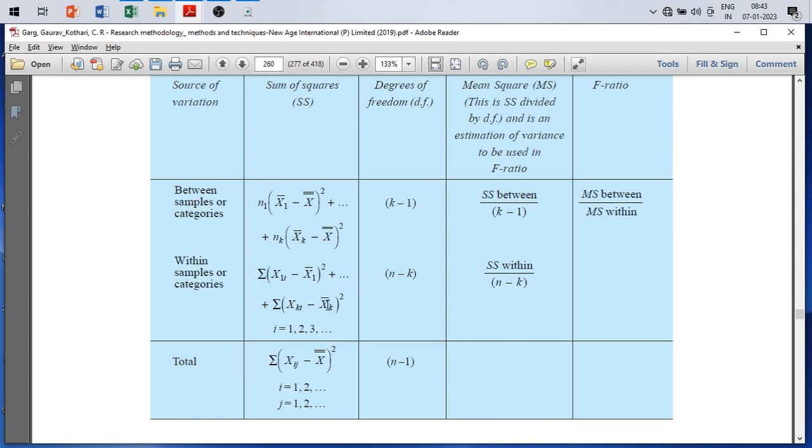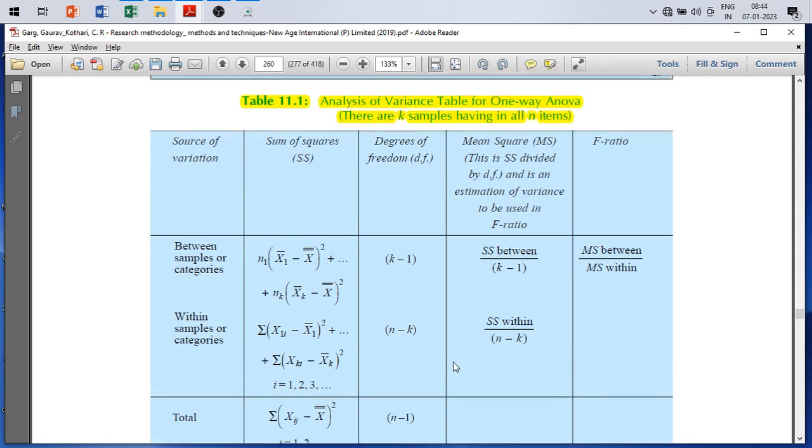Then you do the same thing for each group, and these are the corresponding degrees of freedom. These are the corresponding mean squares, and then this is the F ratio. Another thing here is, if you add SSB and SSW, you will get SST, the sum of squares total, which has degree of freedom n minus 1. This is called the ANOVA table.